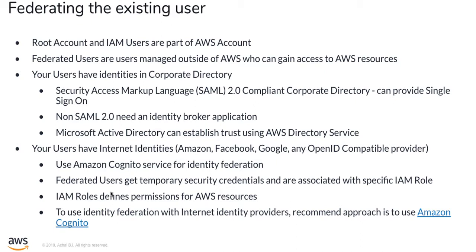After a certain period of time that would expire, and they would ask for a different set of credentials. To use identity federation with internet identity providers, it is always recommended to go through Amazon Cognito. But without Amazon Cognito, you could also achieve the same kind of functionality.